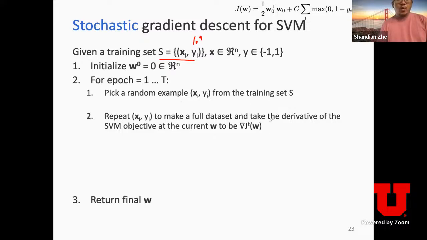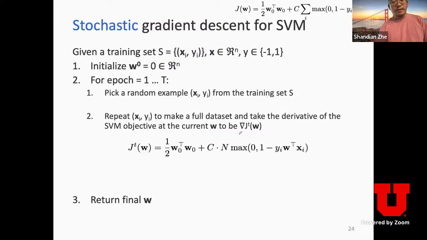Then we take the derivative of the SVM objective at the current weight vector on this fixed data set, because the whole data set only contains one unique example. You do not need to actually duplicate those examples.